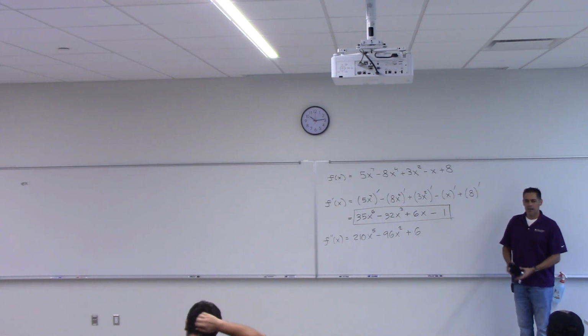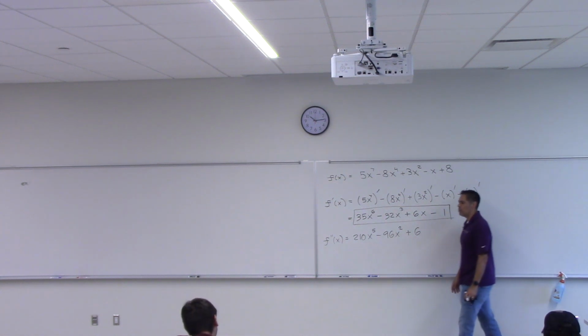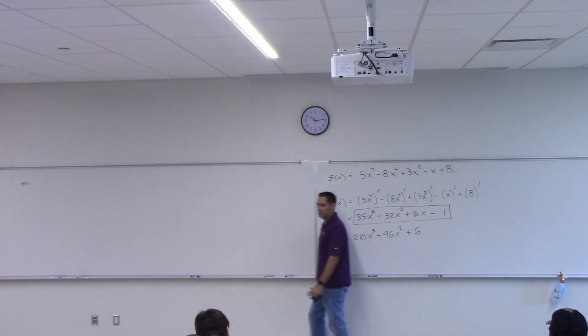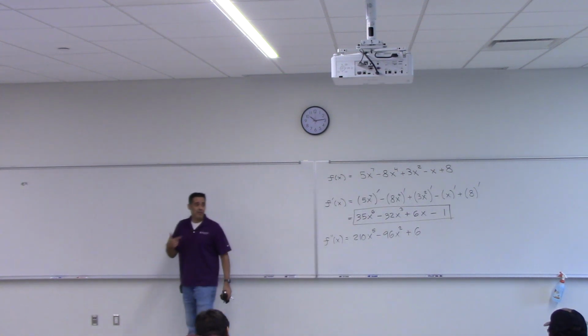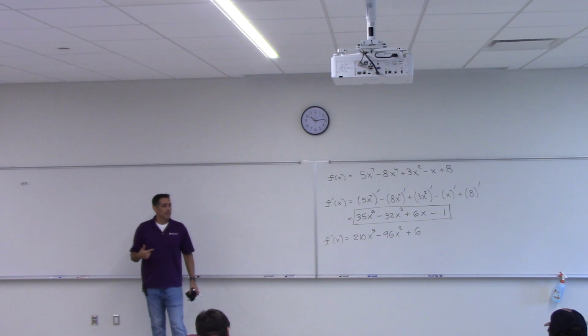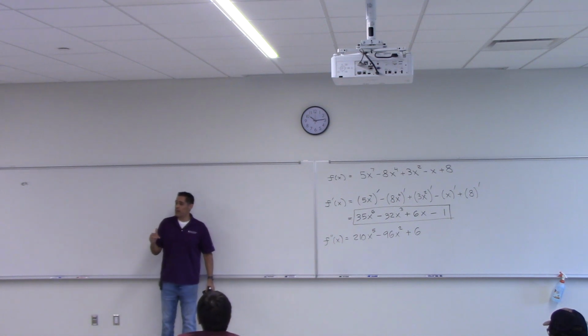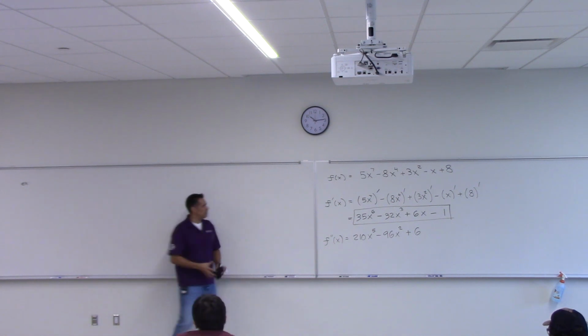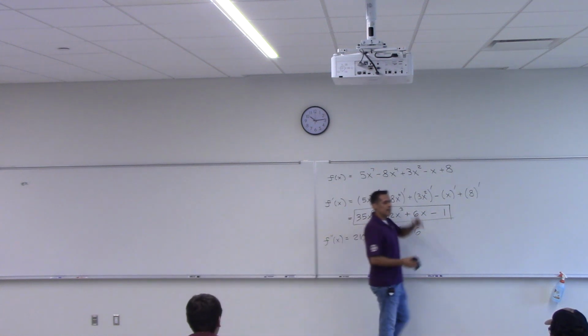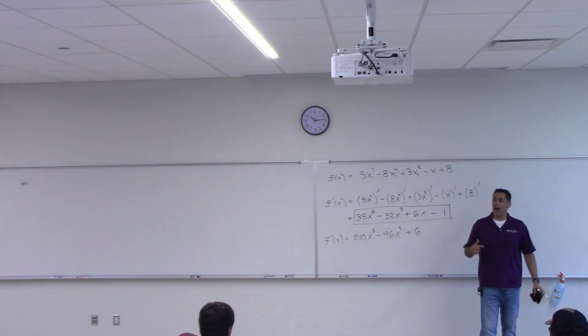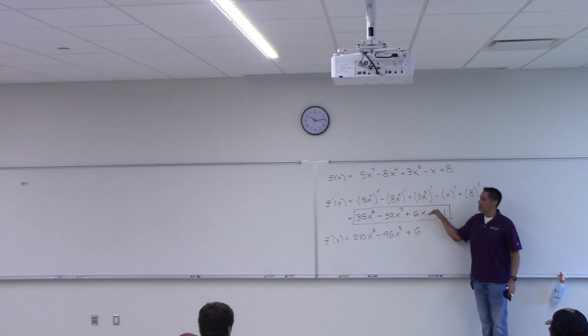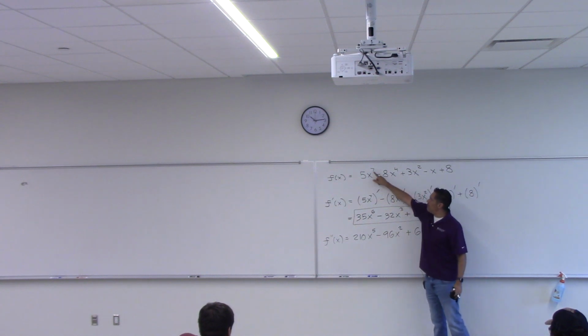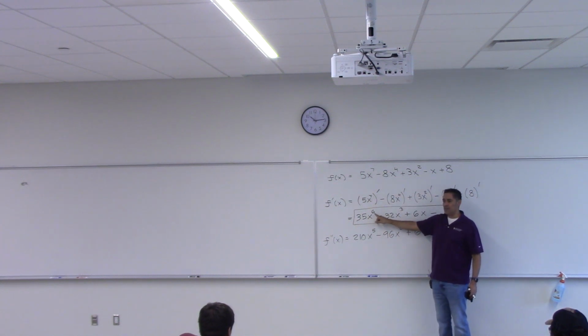How many times do we have to do this before we get to 0? Wouldn't this eventually vanish to 0? Yes, because this is a polynomial function, and each time you take the derivative, the power comes down. We started with the highest power x to the 7th. On the first derivative, the highest power is x to the 6th.